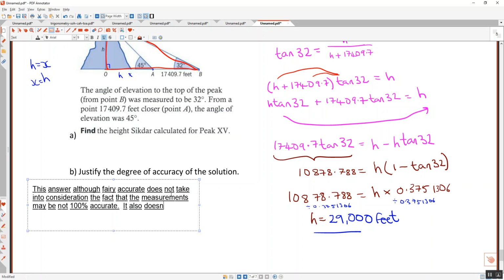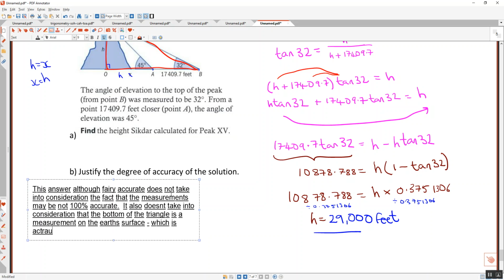It also doesn't take into consideration that the bottom of the triangle is a measurement on the Earth's surface, which is actually a curve.